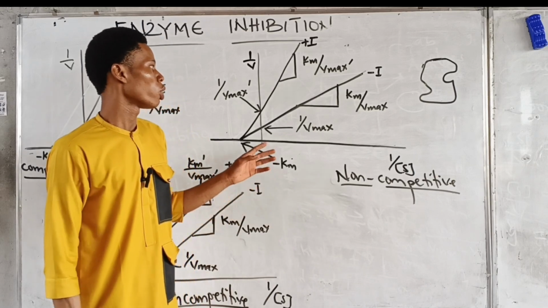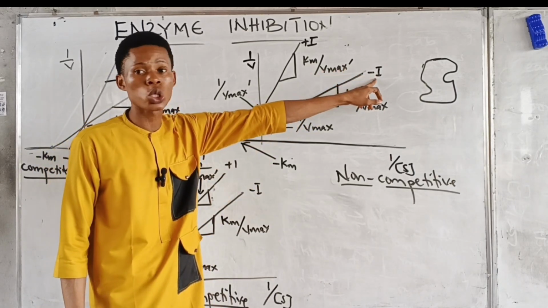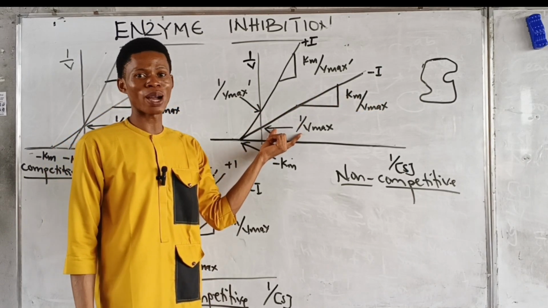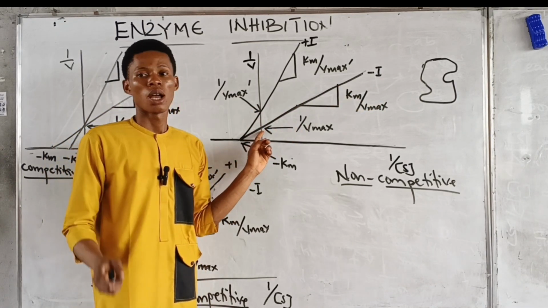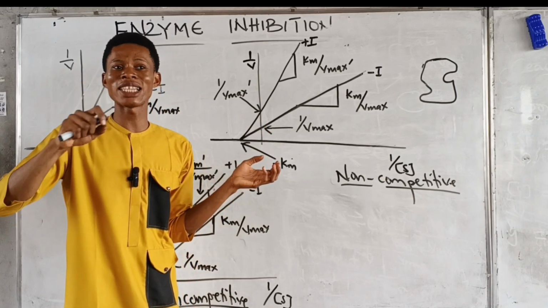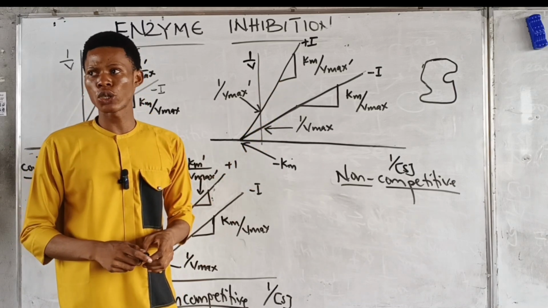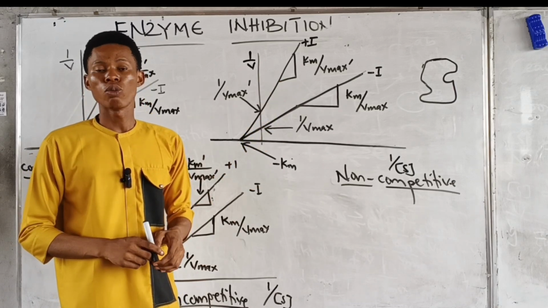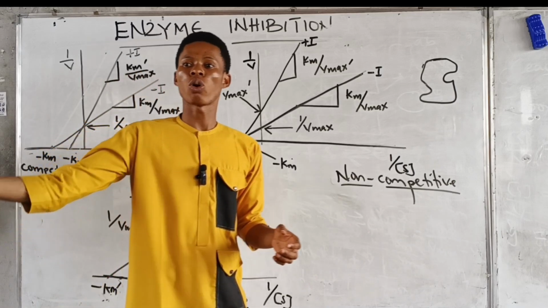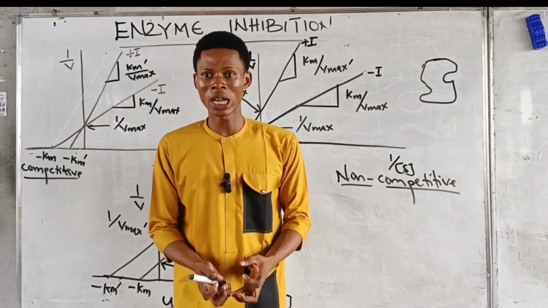Now if the reaction is proceeding without inhibitor, this is the maximum velocity. But if inhibitor is added, maybe the inhibitor binds to the enzyme-substrate complex, will the rate of the reaction increase or reduce? Reduce, right?